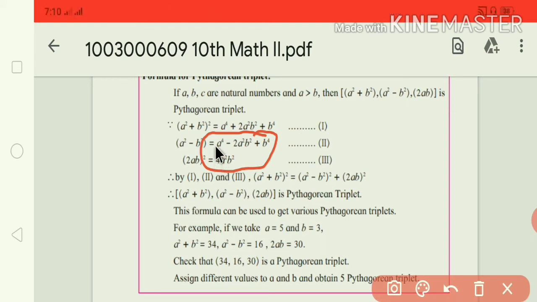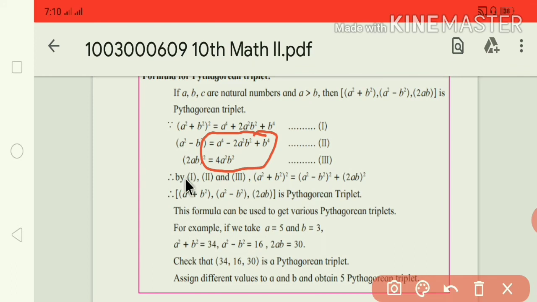Therefore a raised to 4, and twice a square b square minus plus 4 a square b square leaves only twice a square b square, and the last b raised to 4.